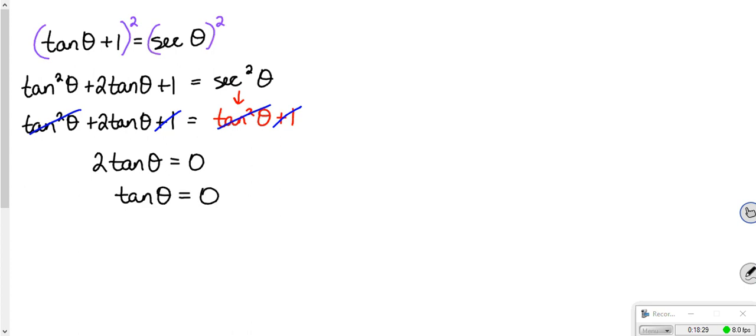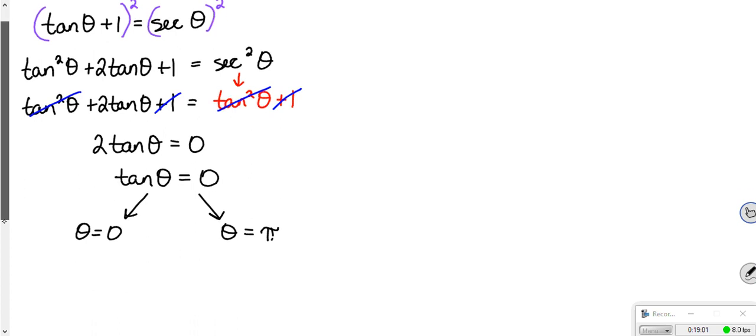Well, we have to check for extraneous solutions here. Theta could be 0 or theta could equal pi. Okay, because remember, tangent is sine over cosine. So tangent is going to be 0 whenever sine is 0. And sine is 0 at 0 and pi.